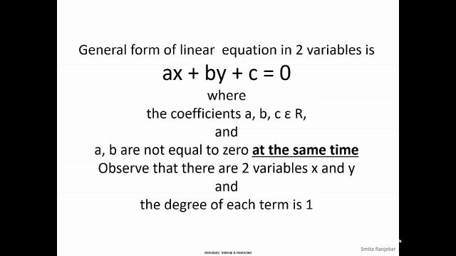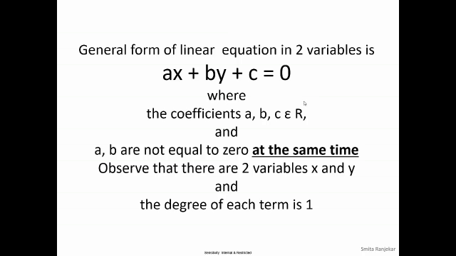With that, one important condition is there, that is a and b are not equal to 0 at the same time. Why is it called a linear equation in two variables? Because the degree of variable x as well as y is equal to 1.